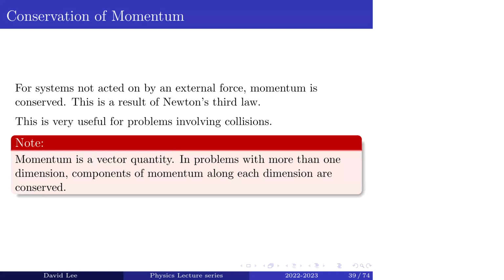And conservation of momentum is another key property. Basically what it says is if you have an isolated system, momentum will be conserved. This is a result of Newton's third law and also the impulse-momentum theorem.